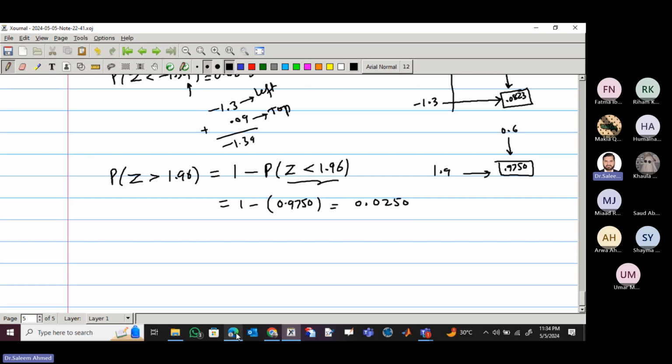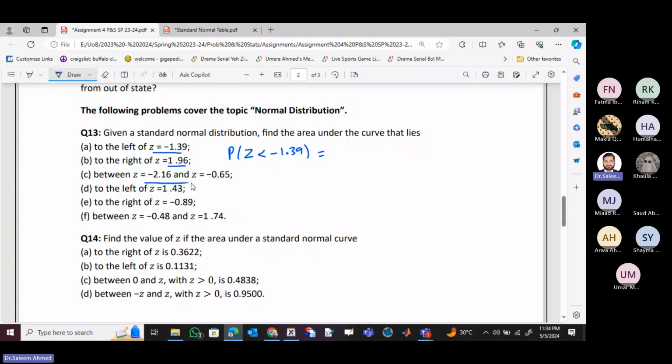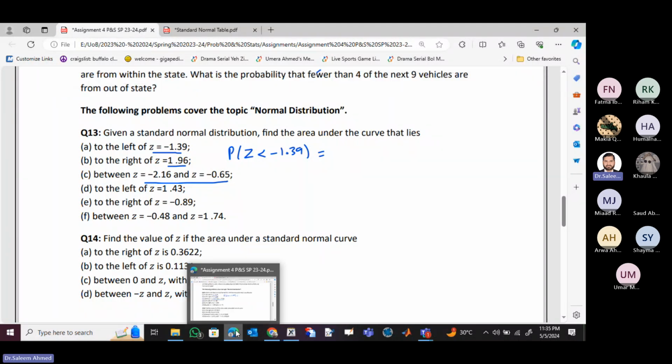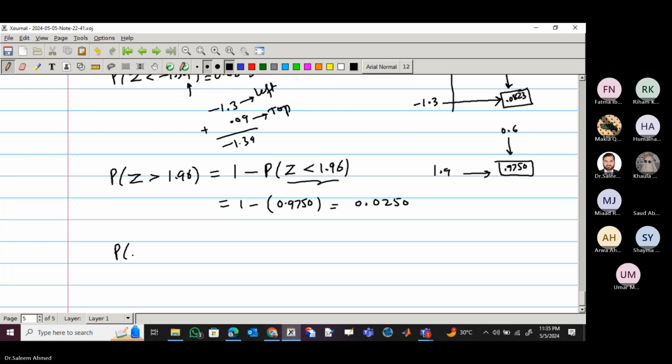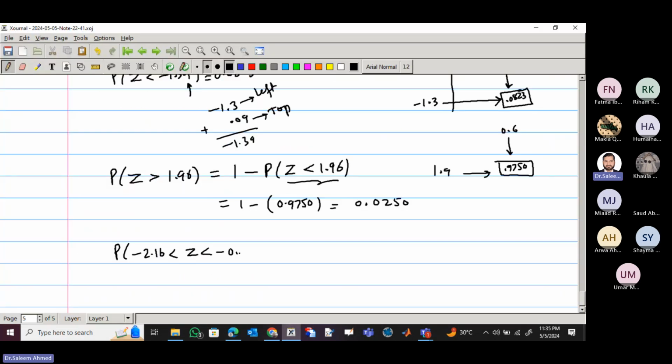And if they ask you for the area between two values, you have to subtract the right minus the left. For example, the probability that Z is between minus 2.16 and minus 0.65.